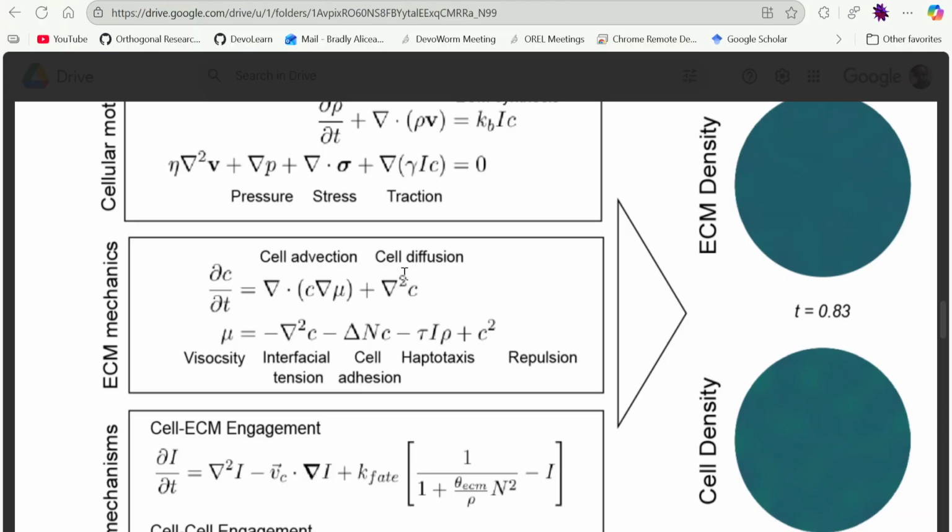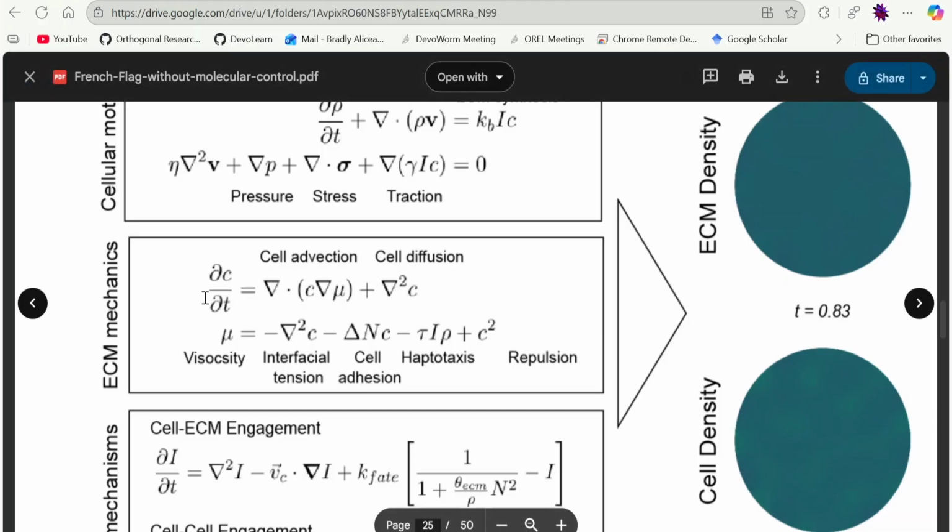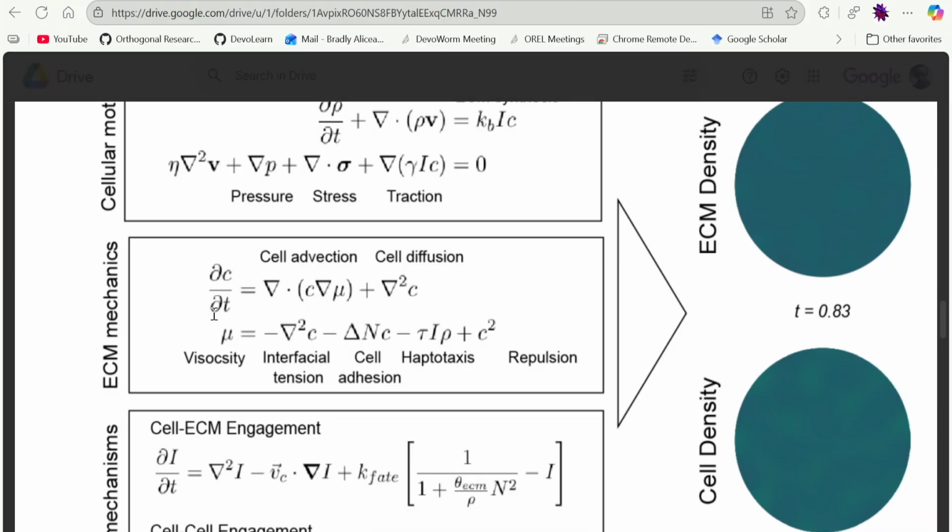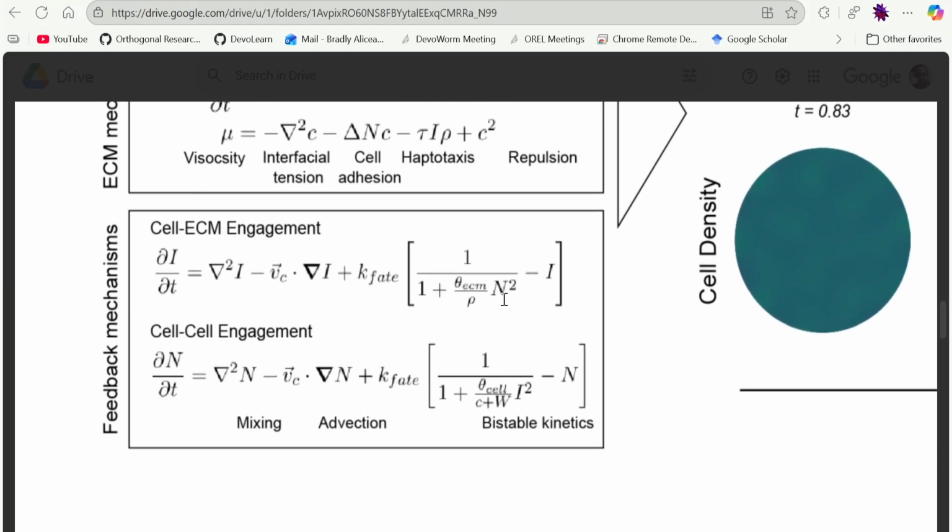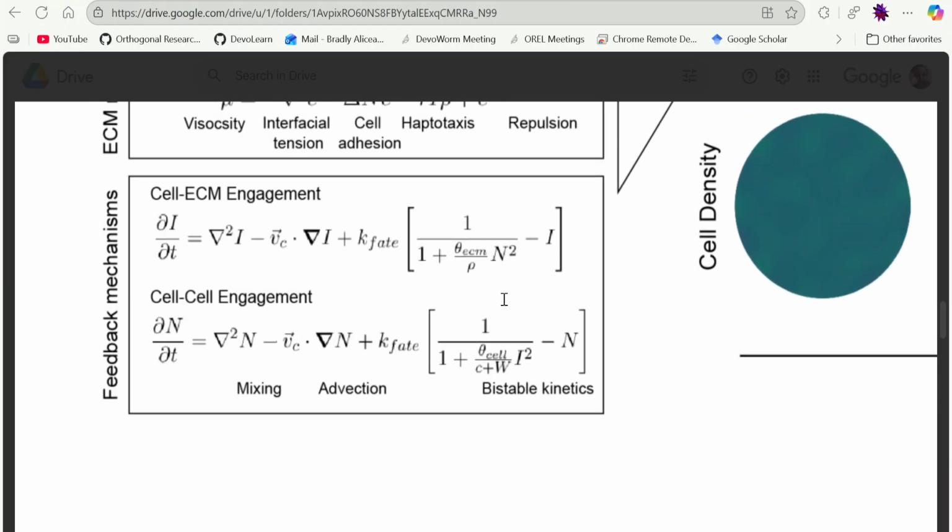And then we have cell advection and cell diffusion described by this differential equation. We have these gradients of cell advection and cell diffusion that are additive. And then feedback mechanisms, we have the cell extracellular matrix engagement. You have this differential equation that describes these gradients here, and then cell-cell engagement.